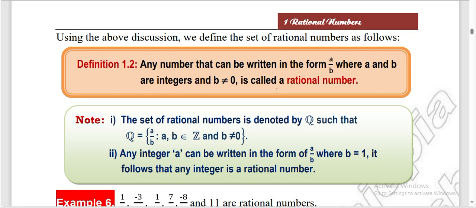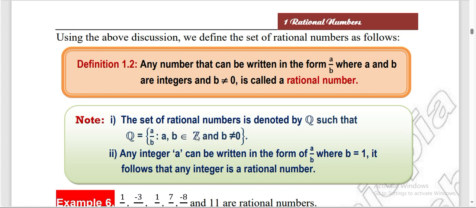Any number that can be written in the form a over b, where a and b are integer numbers and b is different from 0, is called a rational number. We call it generally a rational number. The set of rational numbers is denoted by Q, such that Q is the set of a over b, where a and b are integers and b is different from 0.